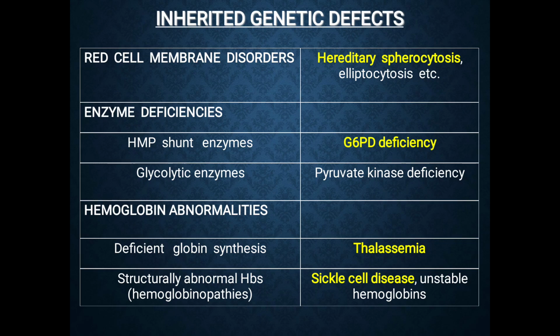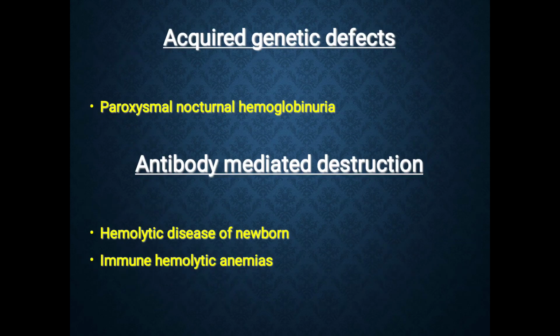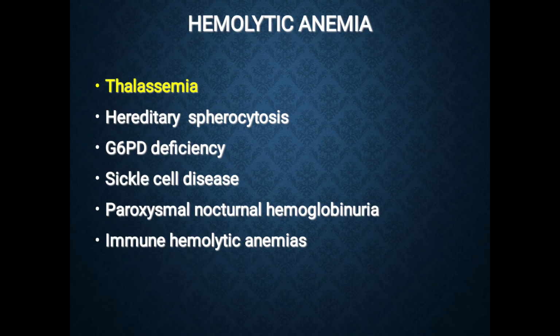And sickle cell disease is due to replacement in the 6th position of the beta chain where glutamic acid is replaced by valine. And the same thing here, acquired examples. This is telling us the same thing about different types of hemolytic anemia.